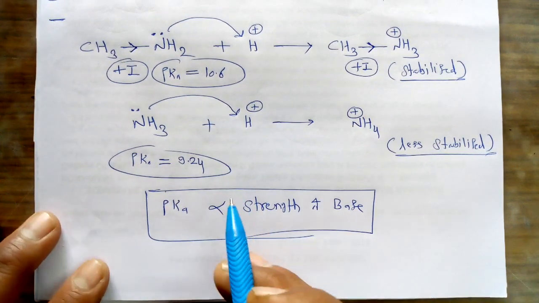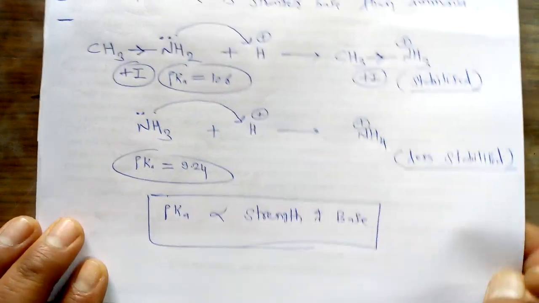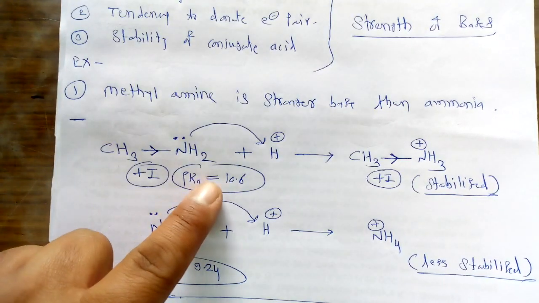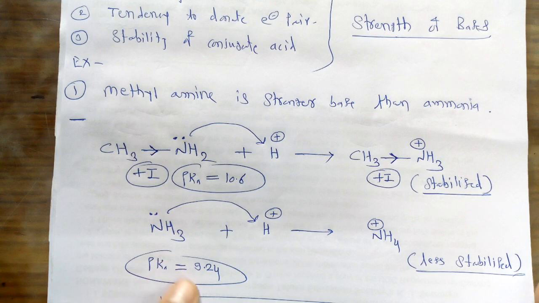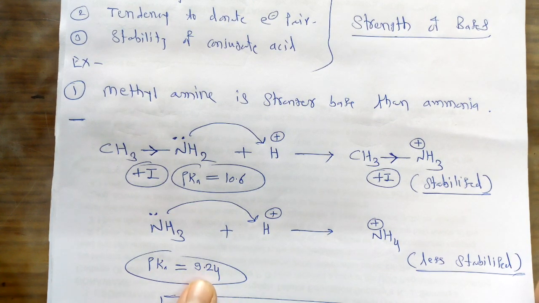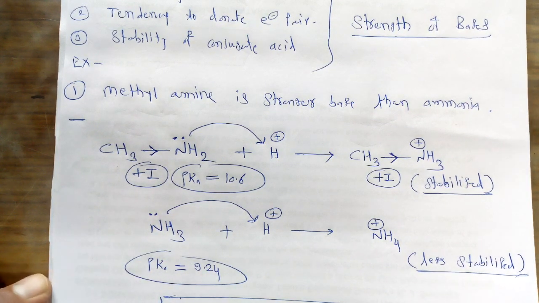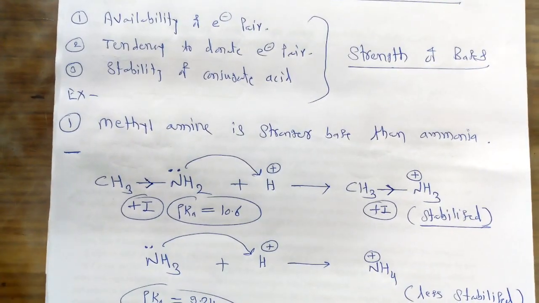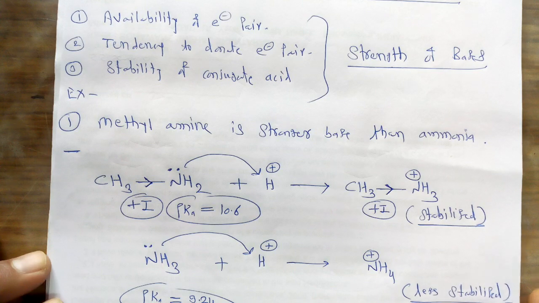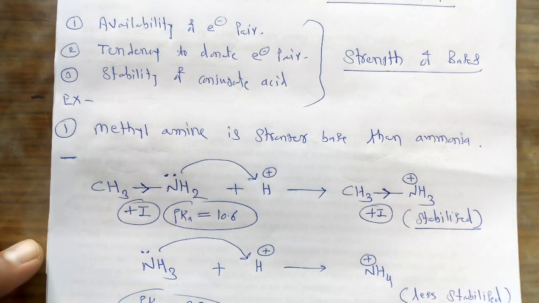If the pKa value is more, the strength of the particular base is more. So methylamine has the high pKa of 10.6, so it is more basic than ammonia, as it has the pKa value equal to 9.24. So this is the first important example to study how the strength of bases is important as far as the inductive effect is considered.